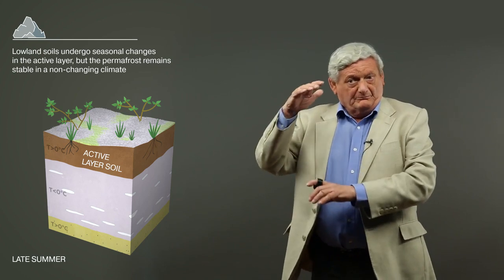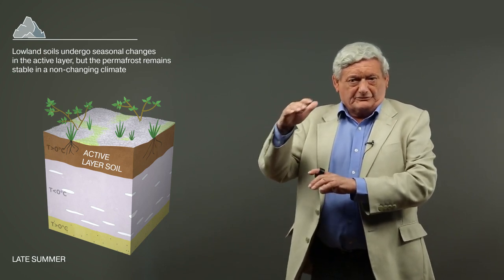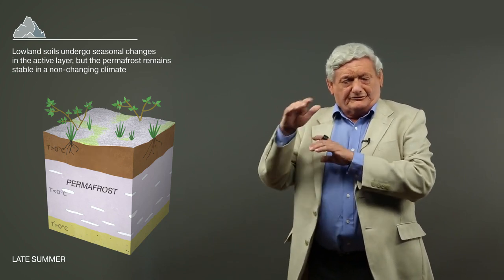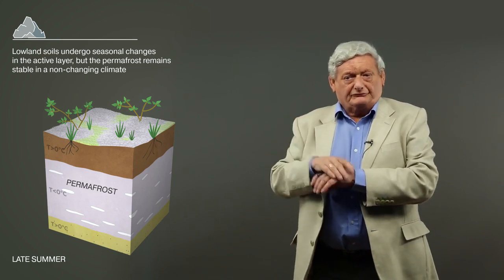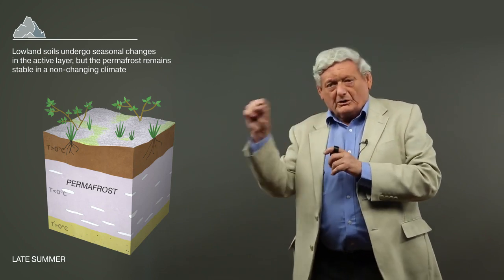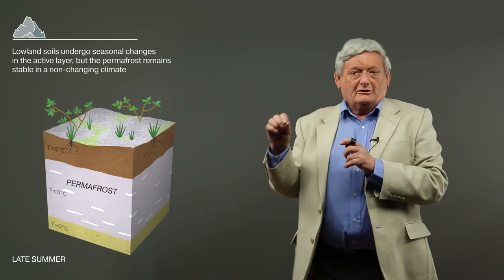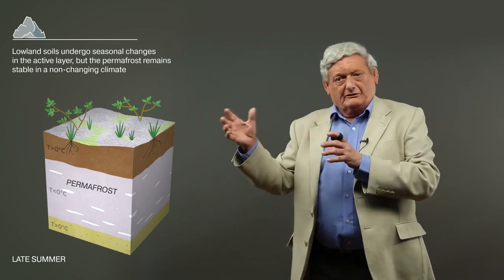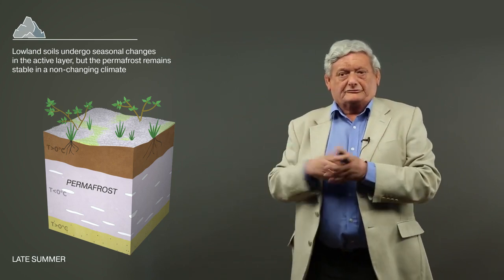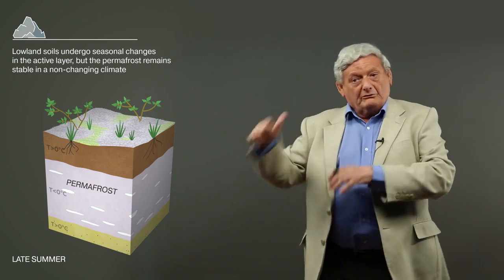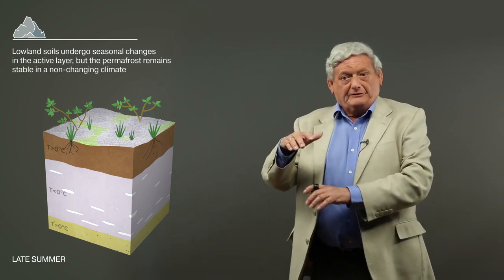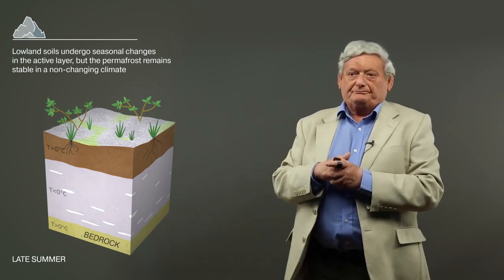It's thawed out. Below that it can be soil, it can be bedrock, it can be various materials, but there we have the permafrost, which is less than 0 degrees C, is frozen. And in that you see little white shapes. These are ice lenses within that permafrost, and they vary in their size and their distribution. And below that, we have the unfrozen bedrock, which goes all the way down.